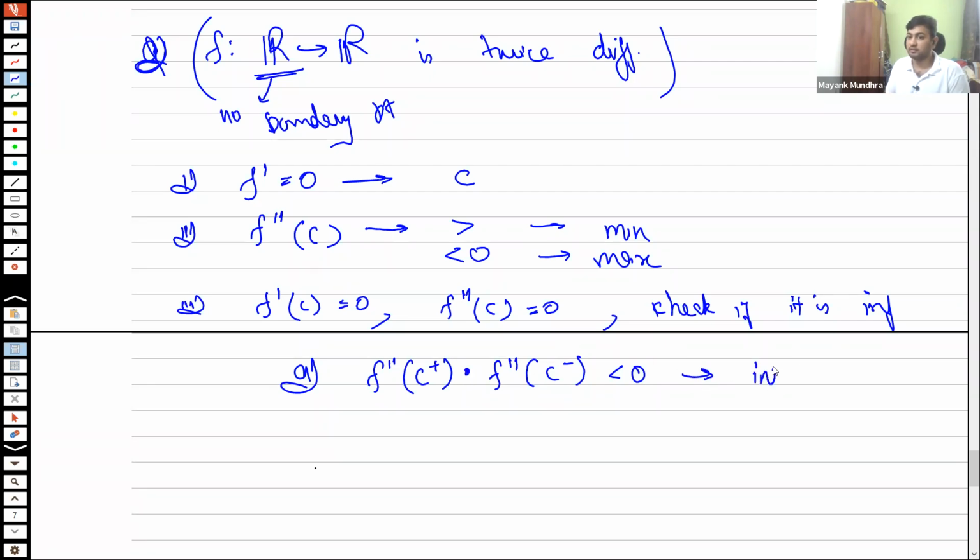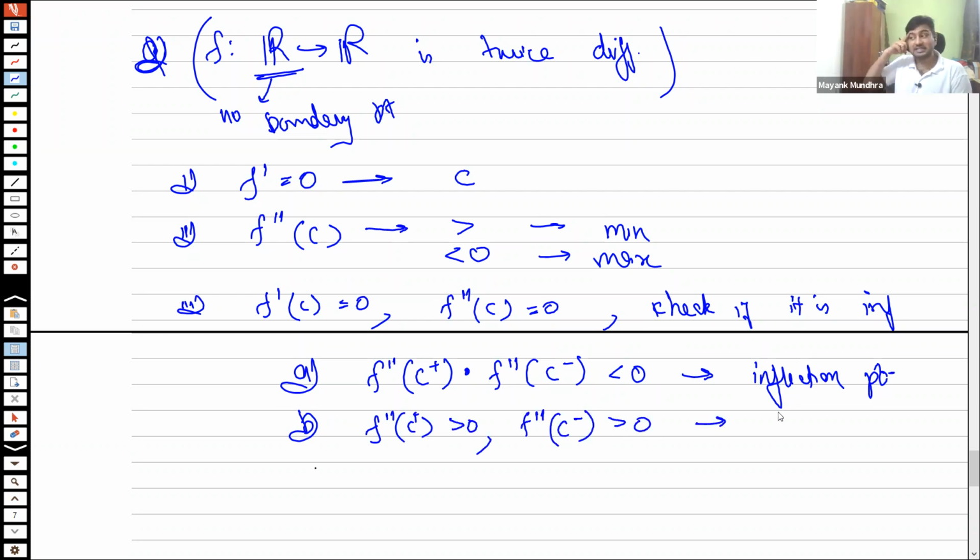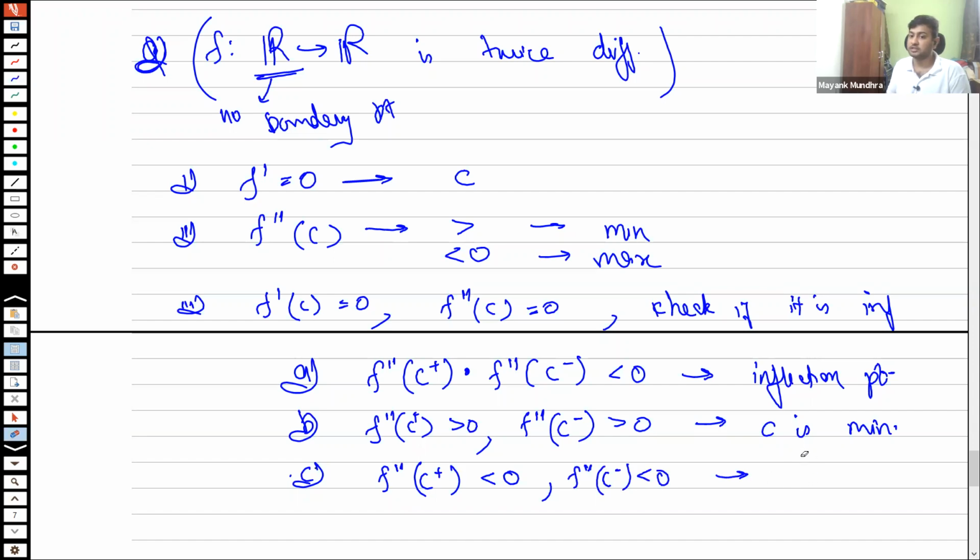So this becomes an inflection point. Second case is f double prime C plus is positive and f double prime C minus is also positive. So in this case, the curve is convex and C is a minima. And third is f double prime C plus is negative and f double prime C minus is also negative. So in this case, C is a maximum.